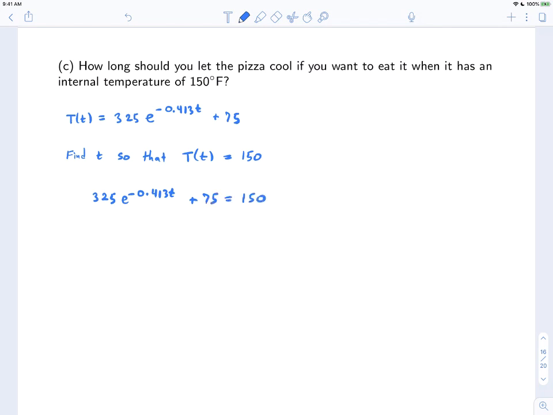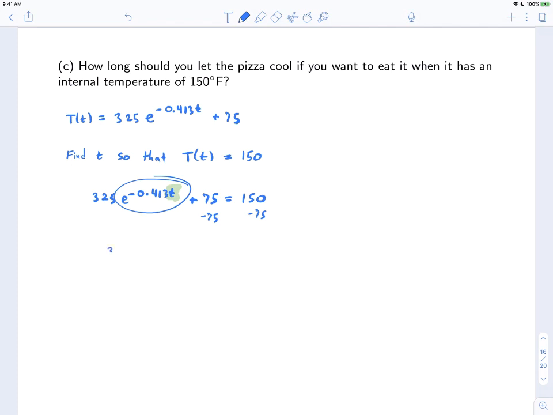The goal here is to solve for t. We want to solve for that value. So how do we do it? Well, the first thing to do is to get t isolated. So we'll do that by isolating the exponential. So the first thing we're going to do is subtract 75 from both sides.